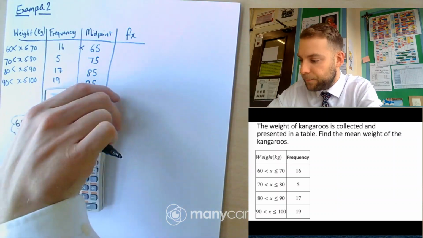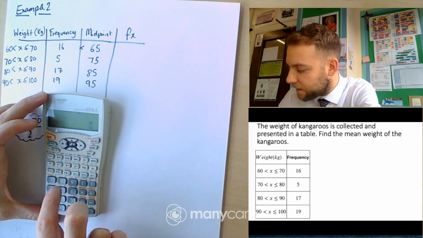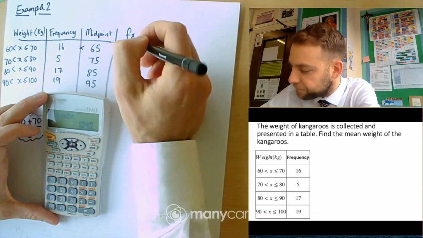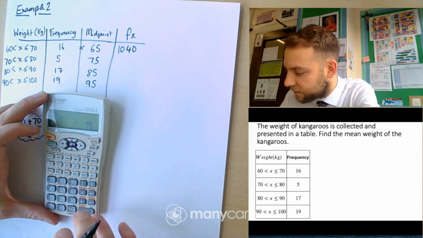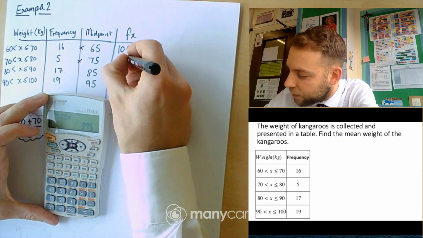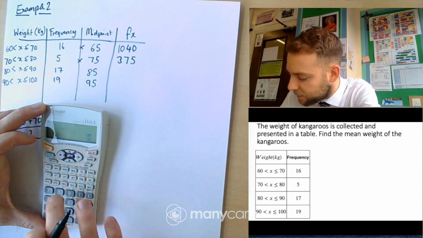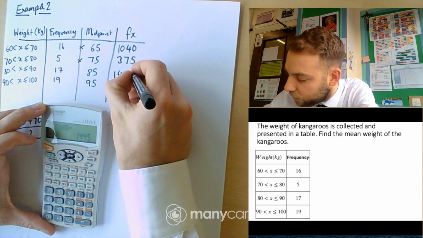So it's 16 times by 65, which is equal to 1040. We've got 5 times by 75, which in this case is equal to 375. We've got 17 times by 85, which is equal to 1445.